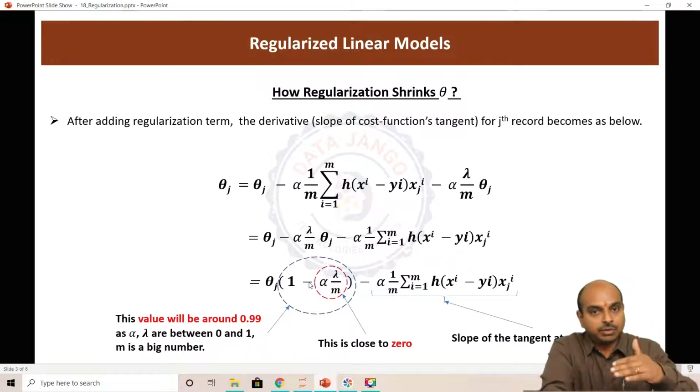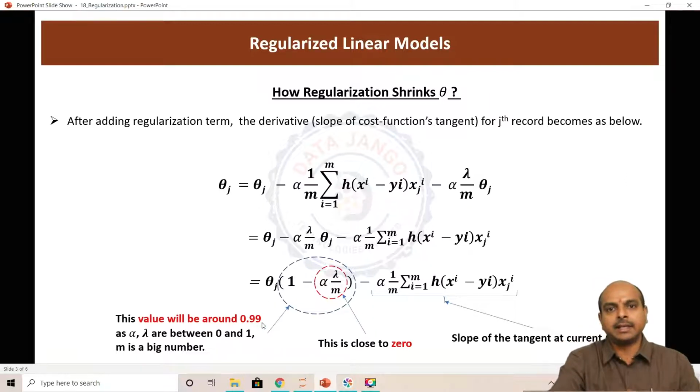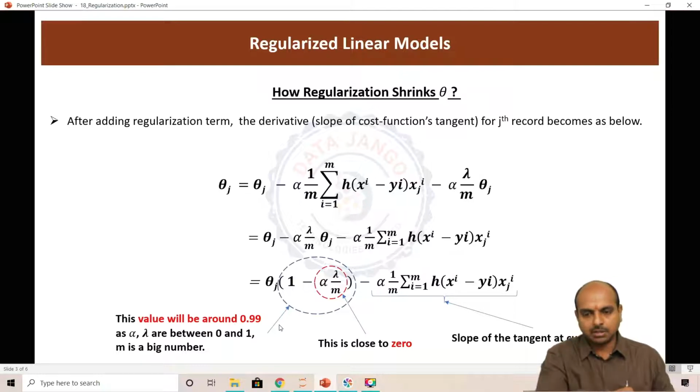When you did not apply regularization, you are just subtracting this normal slope term, multiplied with alpha, from the theta. But when you applied regularization, you are multiplying this theta with a small number, a 0.999 number. That means it shrinks a little bit, and then you are reducing the normal term.